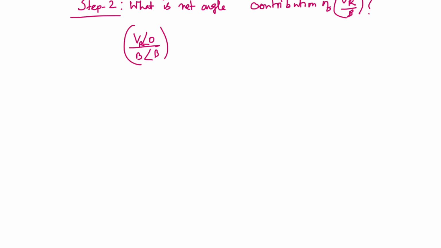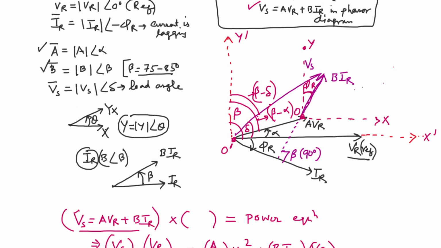So as a whole, if you multiply this, it will contribute a net angle rotation of minus beta, that is minus 90 degree. That means if you multiply these three quantities, that is Vs, BIR and AVR, this entire assembly will be rotated by an angle of 90 degree in this direction.